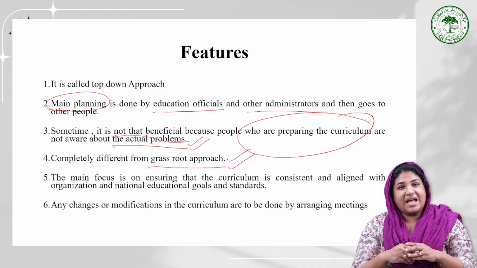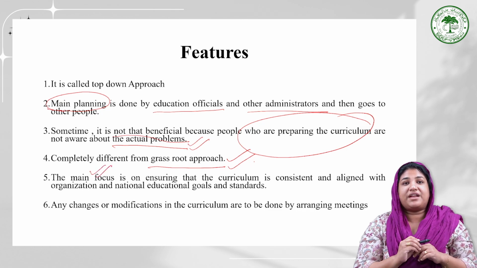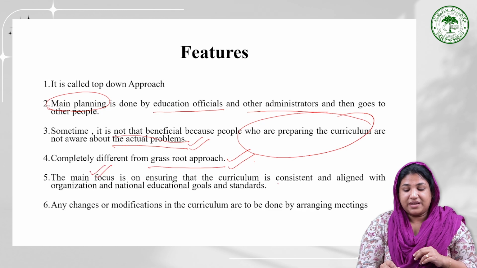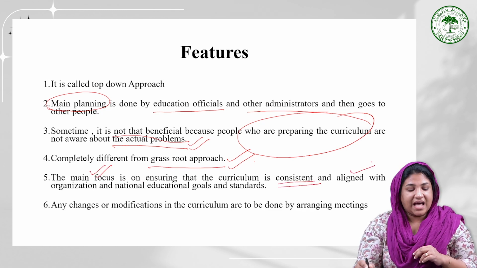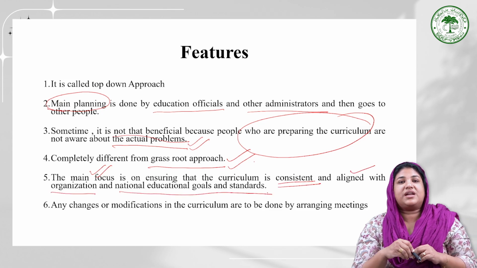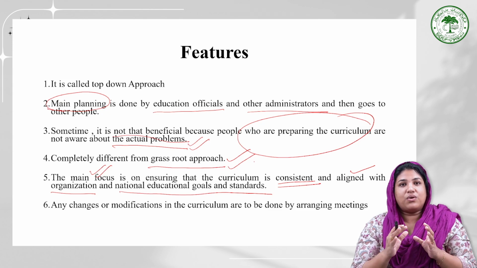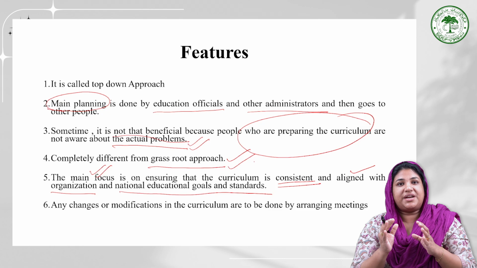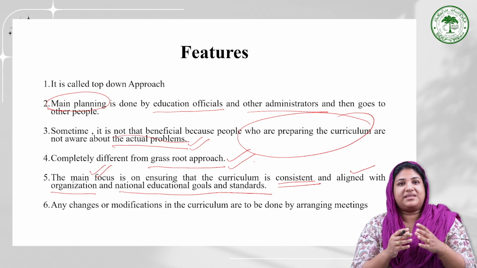Also, in the administrative model, what is the main focus? We are ensuring consistency, and it is aligned with the organization and the national education goals and standards. Certain goals and standards are already set, at the national level and also at the state level.